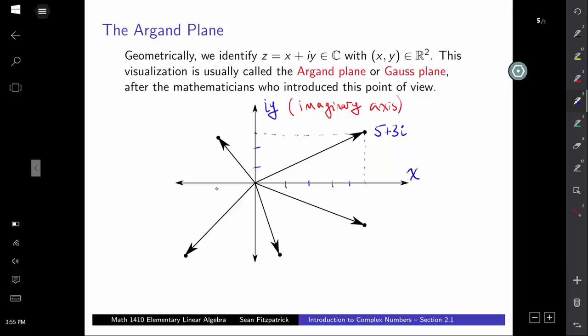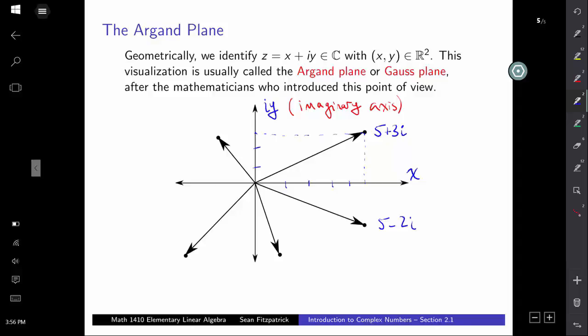This number down below is the same distance out, but not quite as far down. So maybe this is, say, 5 minus 2i, and so on. So these two real numbers that make up the two parts of a complex number, x and y, you can just think of them as coordinates in the plane. And so you do have a nice concrete geometric reality to these complex numbers.